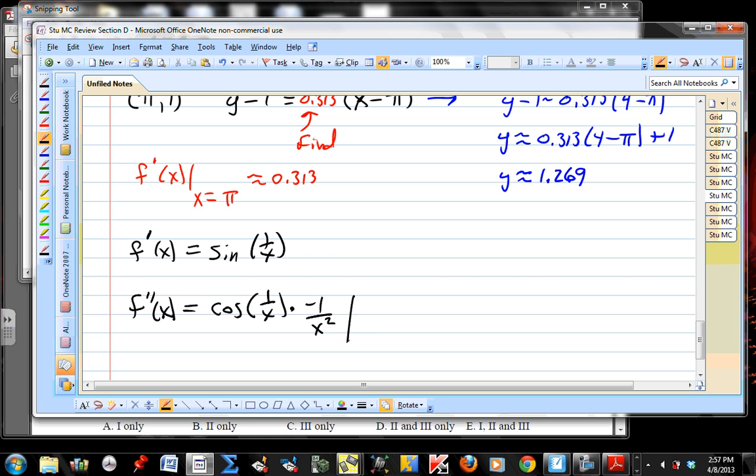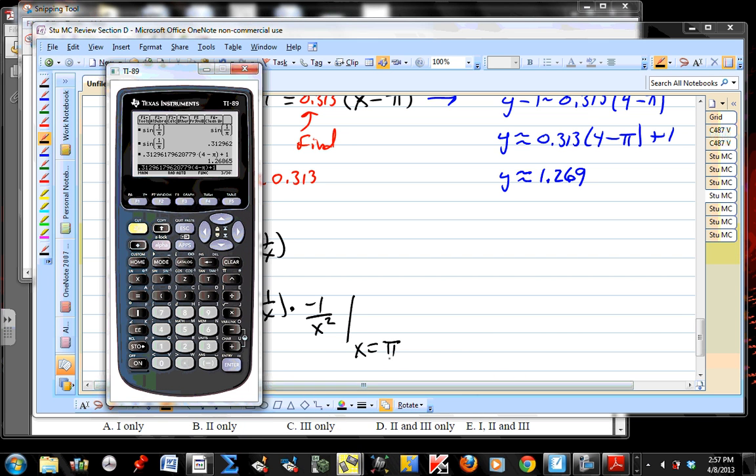Okay, and let's evaluate this when x is pi. Let's use our calculator to make our life easy. So let's see here. Cosine 1 over x times negative 1 over x squared.